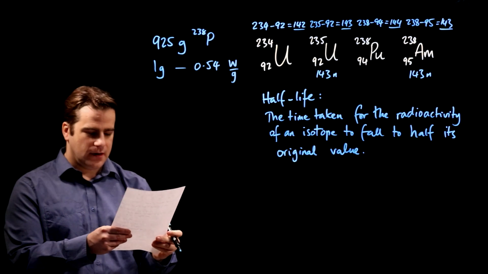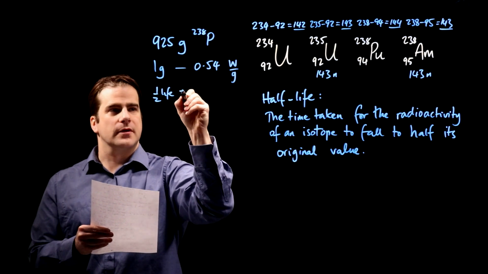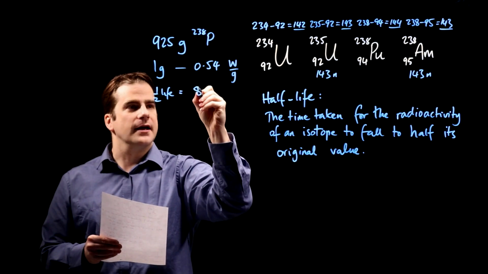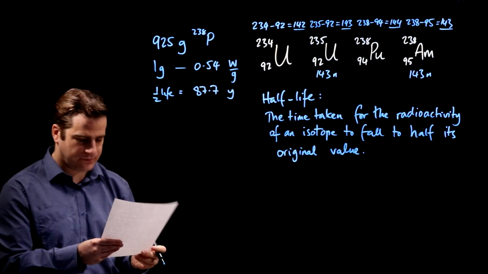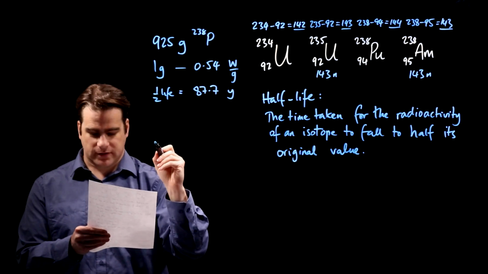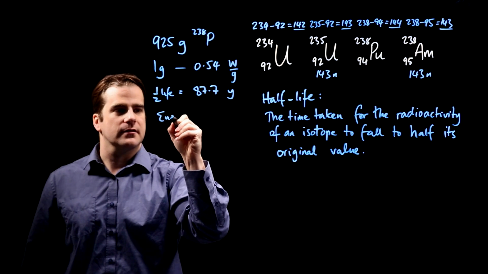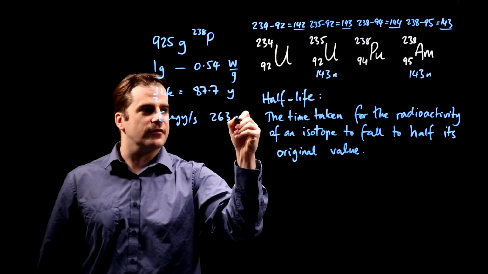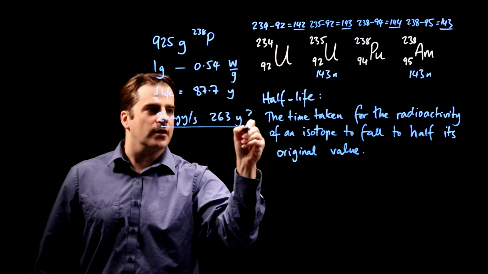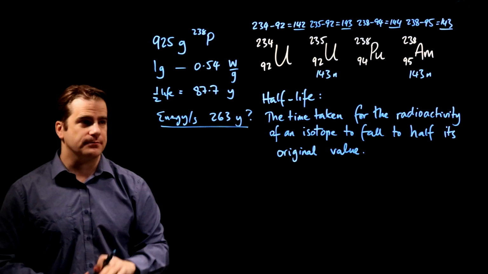We're told that the half-life is 87.7 years, and it wants the energy released per second after 263 years. Energy per second after 263 years. How on earth do we do this? It's no problem.